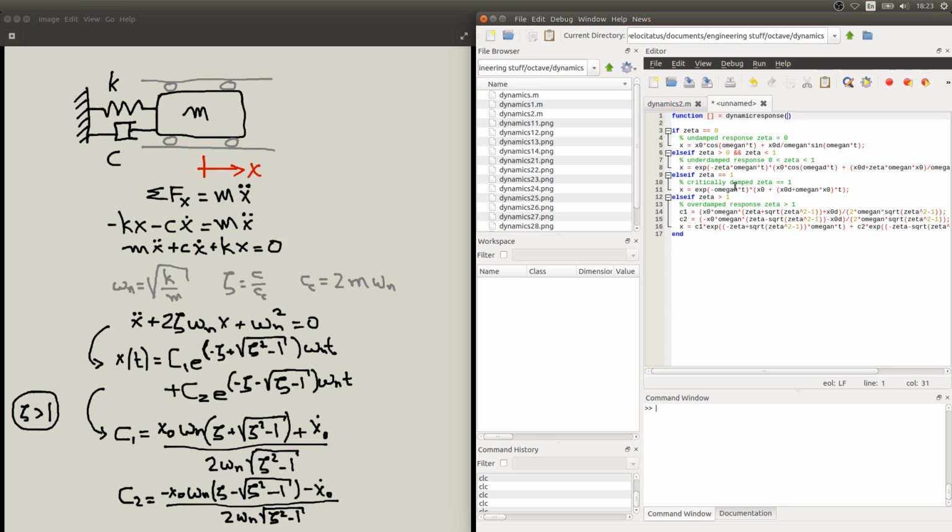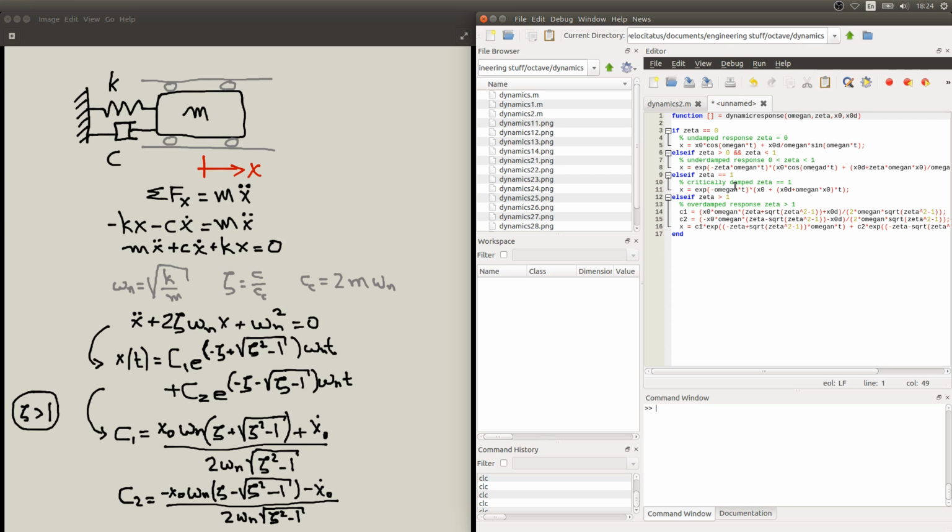These parameters are quite straightforward for us because it will be the natural frequency, the damping factor, and the initial conditions that we have for our system.